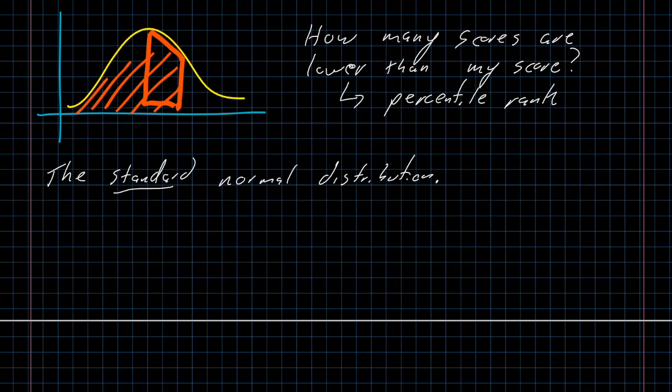The standard normal distribution has a mean of 0 and a standard deviation of 1. We're generally going to think of the standard normal distribution as being a population distribution. So that would be, right, mu equals 0 and sigma equals 1. But we're not necessarily going to require that. So I'm just using the words mean and standard deviation.